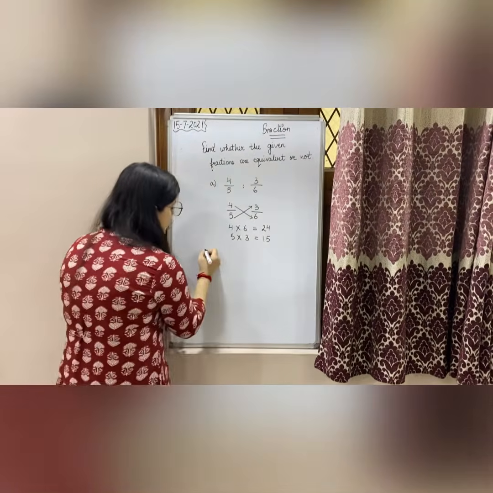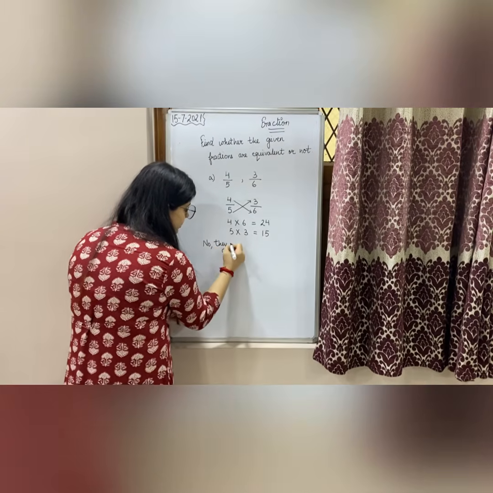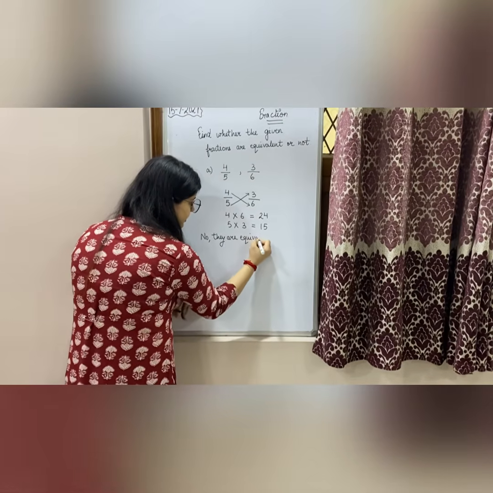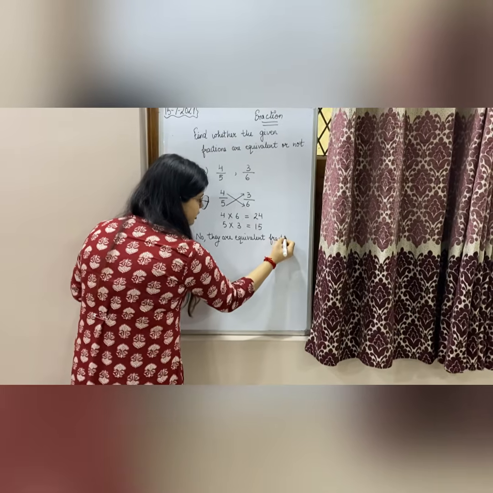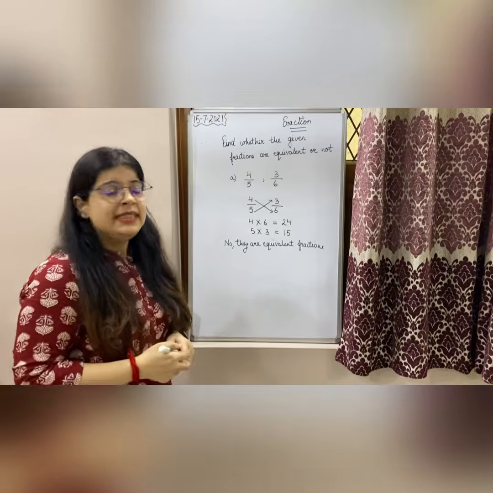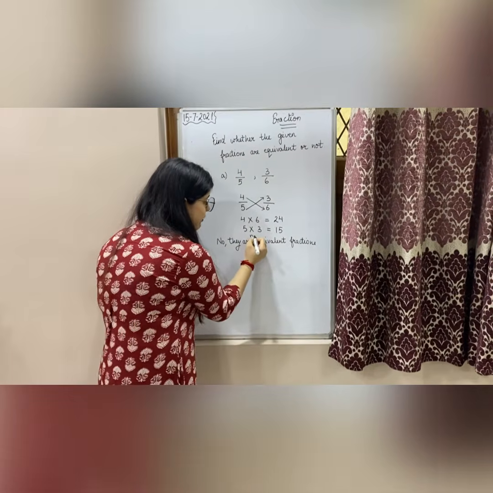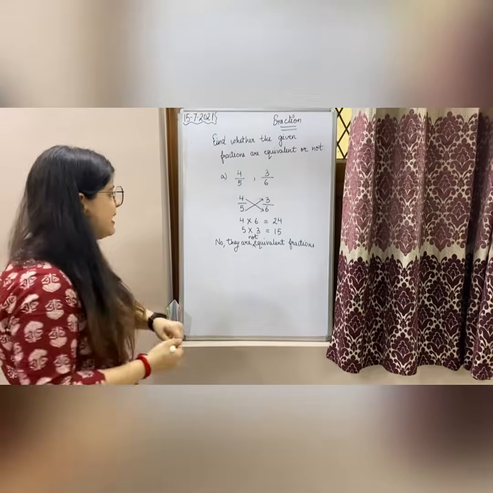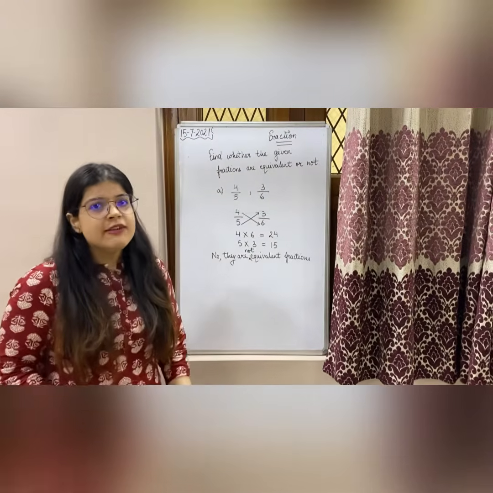That means you will write they are not equivalent fractions. If after the cross multiplication your answer is coming out to be the same, then your answer will be they are equivalent. So no, they are not equivalent fractions. I skipped the word not here by mistake.